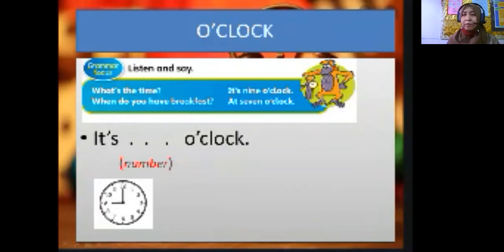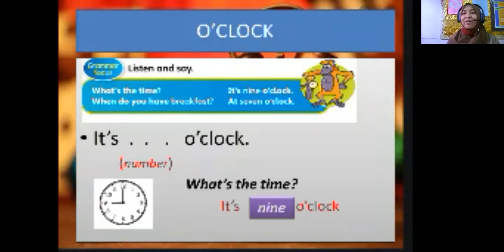Look at the picture of the clock. Can you see it clearly? I'm going to ask you, what's the time? Yes, because the short needle is pointed to number 9. So we say it is 9 o'clock.